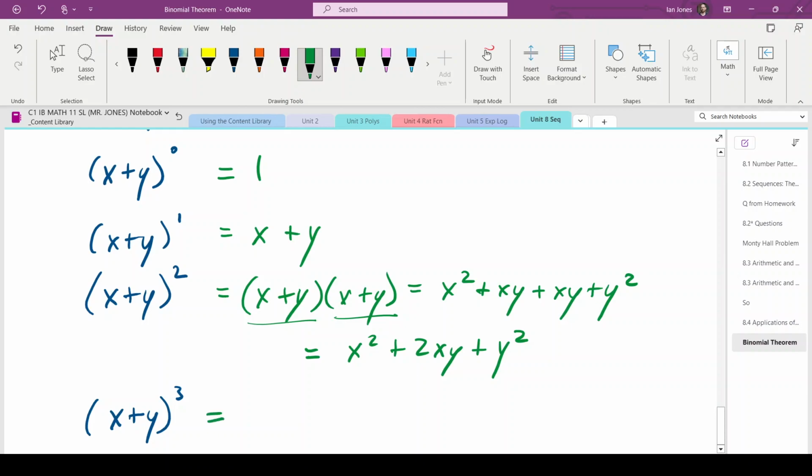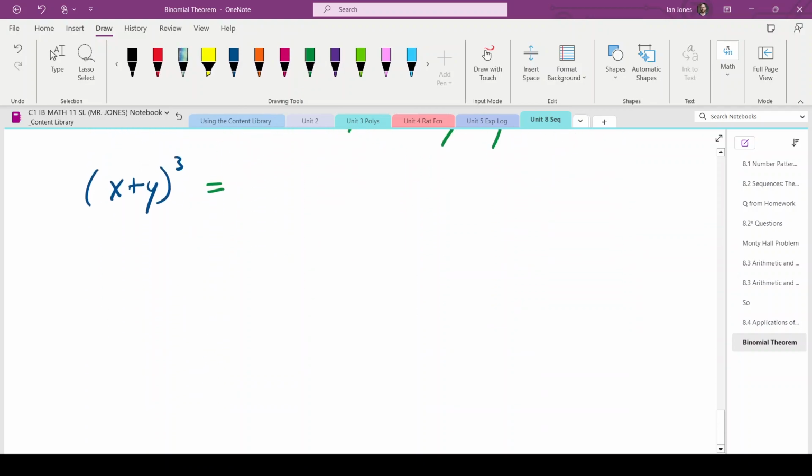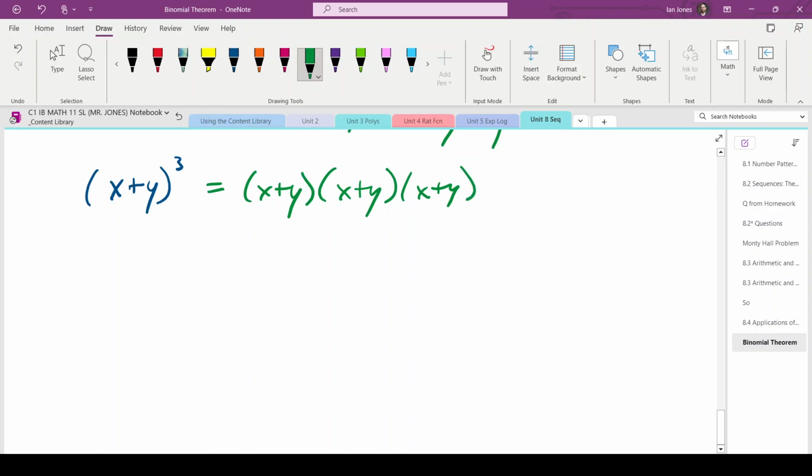Now let's do x plus y cubed. Well, first of all, this is x plus y times x plus y times x plus y. And x plus y times x plus y, we just did that. That's x squared plus 2xy plus y squared. Now I have to multiply this binomial by this trinomial.